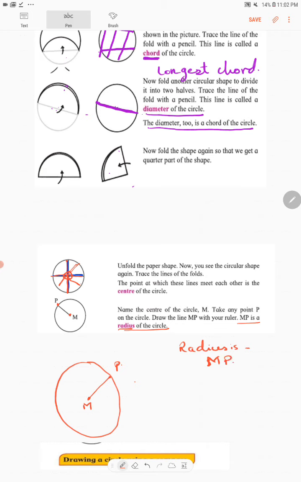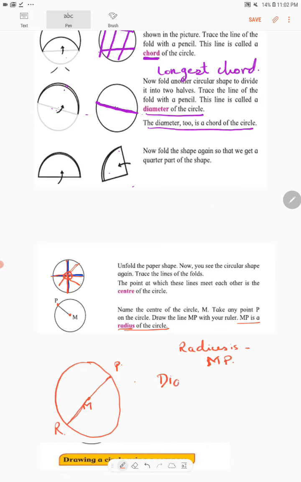Suppose I extend this MP and draw this side, and I name it as R. So this is the longest chord, and it divides the circle exactly into halves.